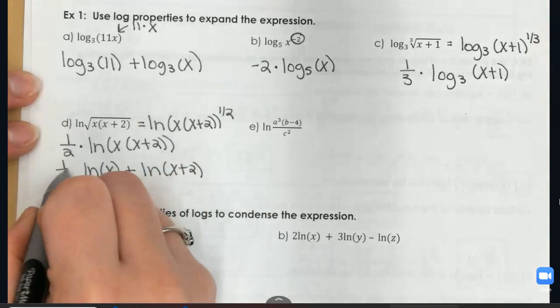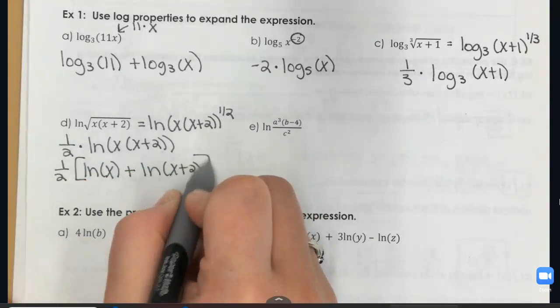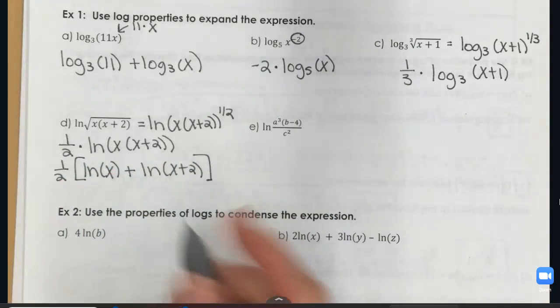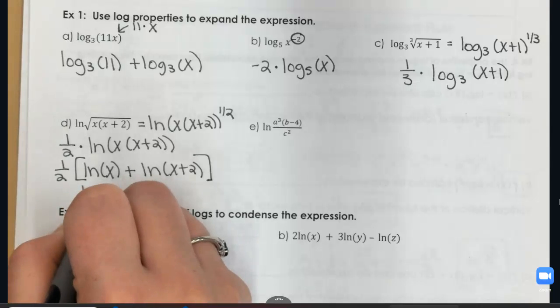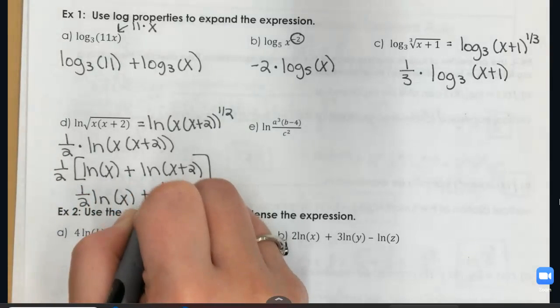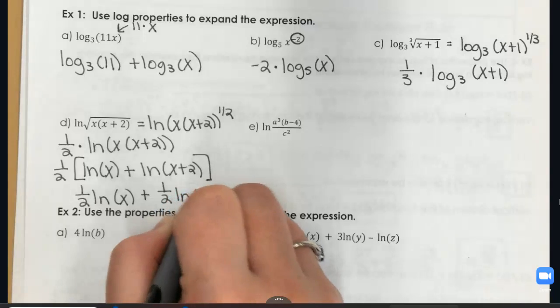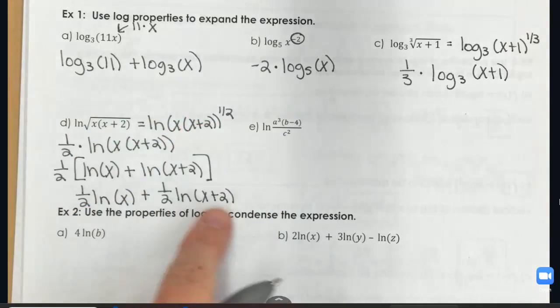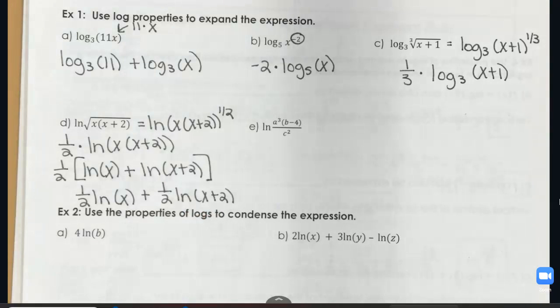And that 1/2 needs to apply to both logs. So what I can do is leave it like this, indicating that there would be distribution, or I can distribute it out and put that 1/2 in front of both logarithms. And the reason for that is both of them were inside my radical, so I need to make sure that if I were to consolidate this back, I would know to put both terms in the square root.